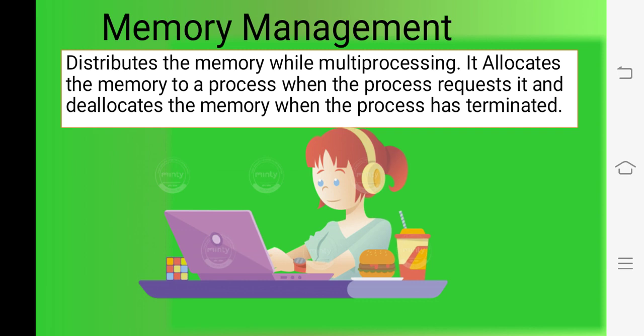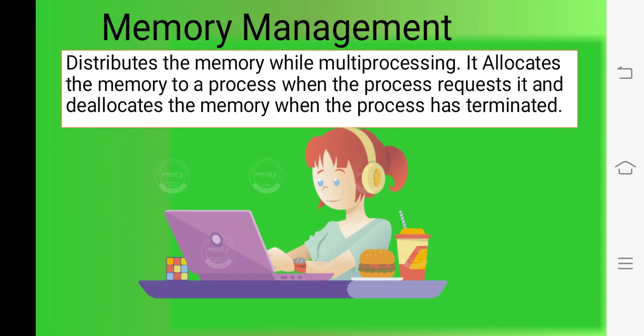So it is the responsibility of the operating system to allocate memory to Microsoft Word, and also to the browser we are using to download the application software. Also, if we are using antivirus to scan our computer system, it allocates memory to that program too. So allocating memory is the responsibility of the operating system.